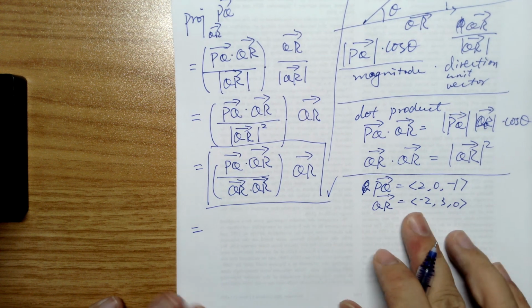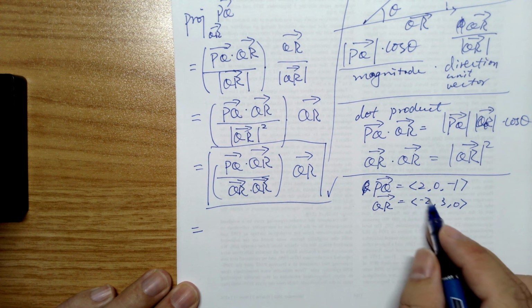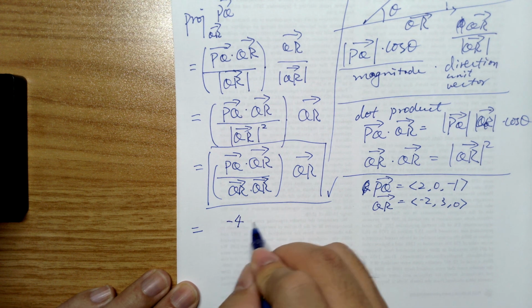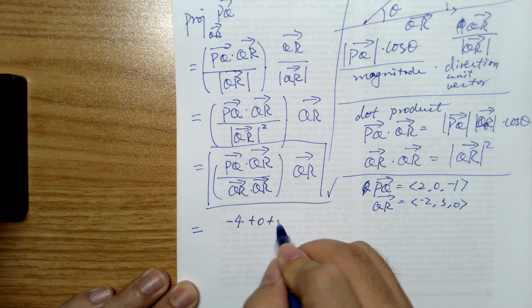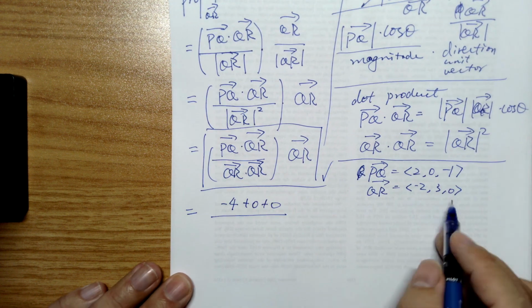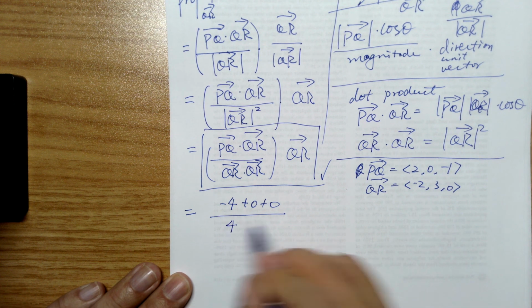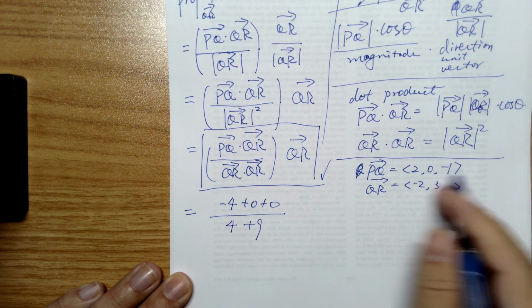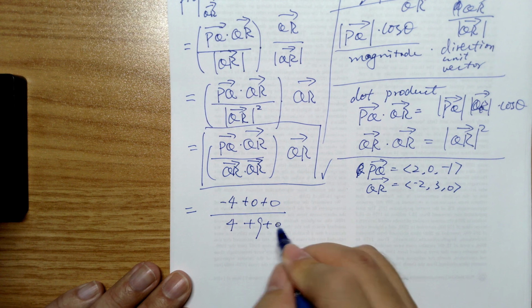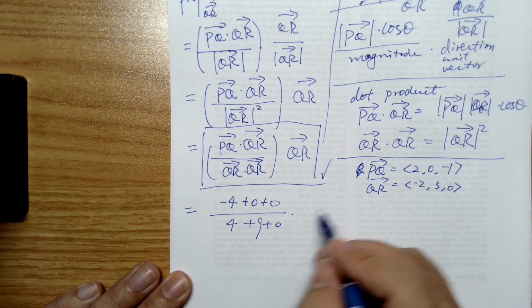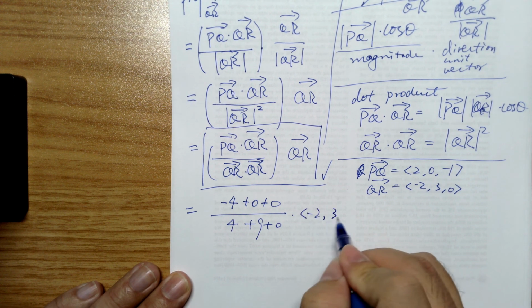The dot of those is negative 4 plus 0 plus 0. The QR dot itself is negative 2 times negative 2 is 4, plus 9, plus 0, which is 13. And then times QR, which is negative 2, 3, 0.